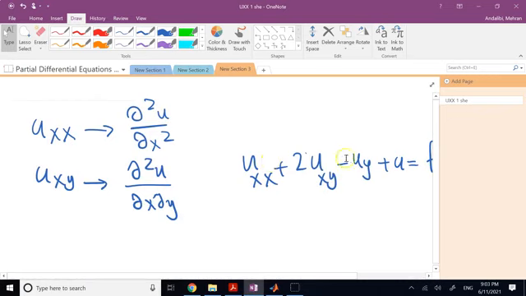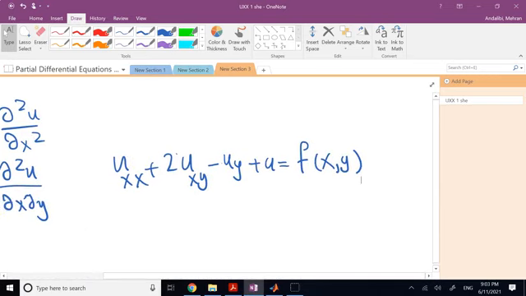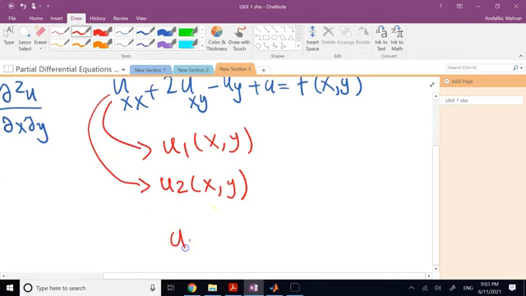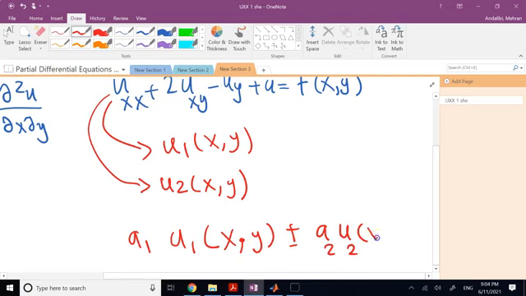The good thing about linear ODEs is this. If I have a linear ODE like this, which is linear non-homogeneous, and I find a solution for that, like u1 of x and y, and there is another solution for that, like u2 of x and y, then I can show you that a linear combination of u1 and u2 is also a solution to this PDE.